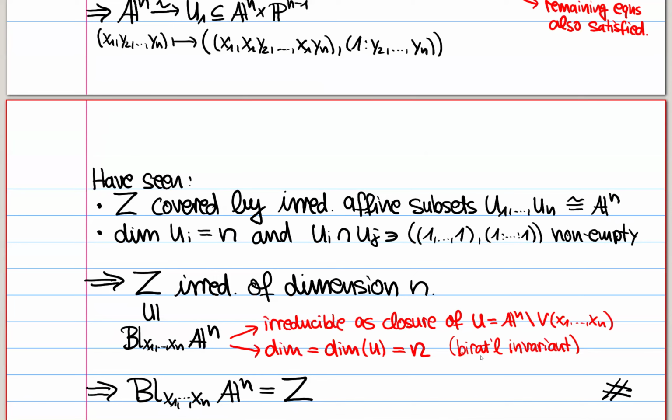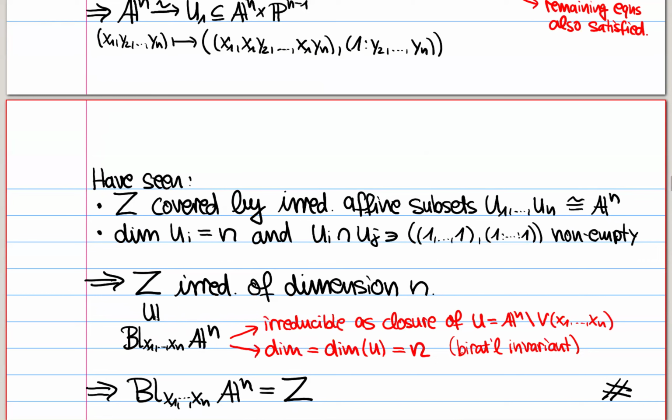Okay, and what has this all given us? Well, we have this here, and because it was defined as a closure, it's still closed in here. So we have a closed subvariety. This is irreducible of dimension n. This is irreducible of dimension n. And so the claim is this forces this to be an equality.